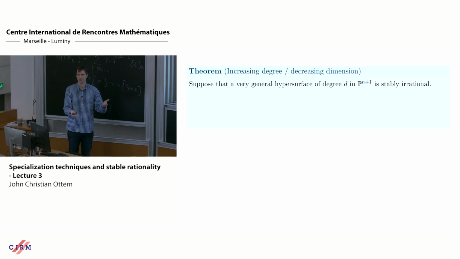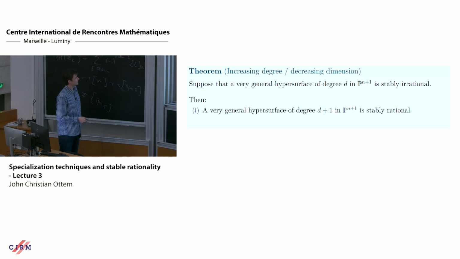We didn't know which one, but there was this funny argument. But here we can improve this statement. So suppose that we know that a very general hypersurface of degree d in P^(n+1) is stably irrational. So the n-dimensional hypersurface of degree d is stably irrational. This is the input.